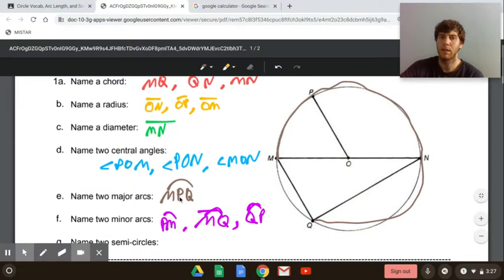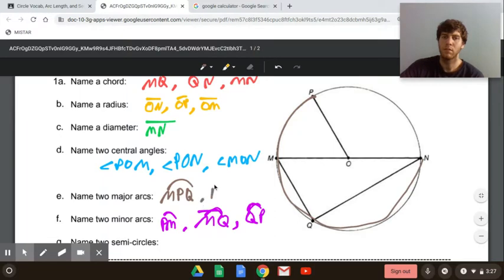We could have named that MNQ, that's the same arc. An example of another major arc might be PMN. So we could go P, M, to N. And you could do a bunch of other ones.